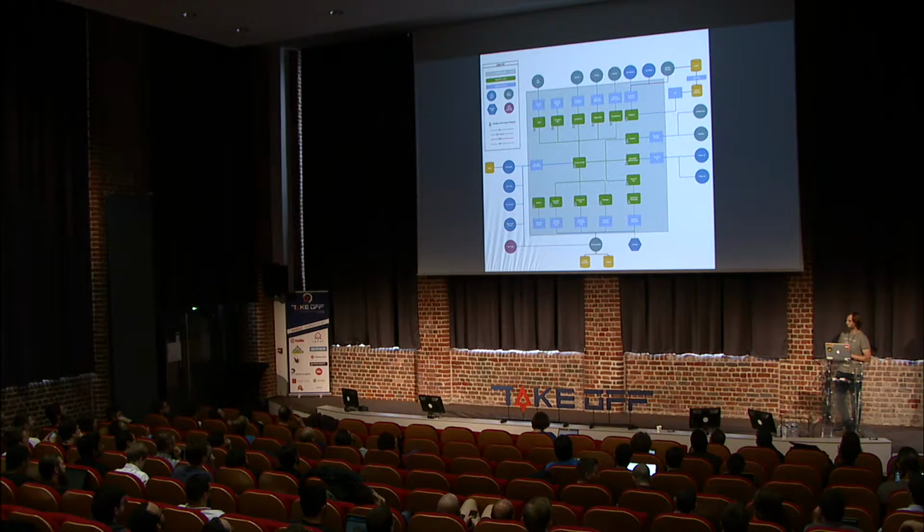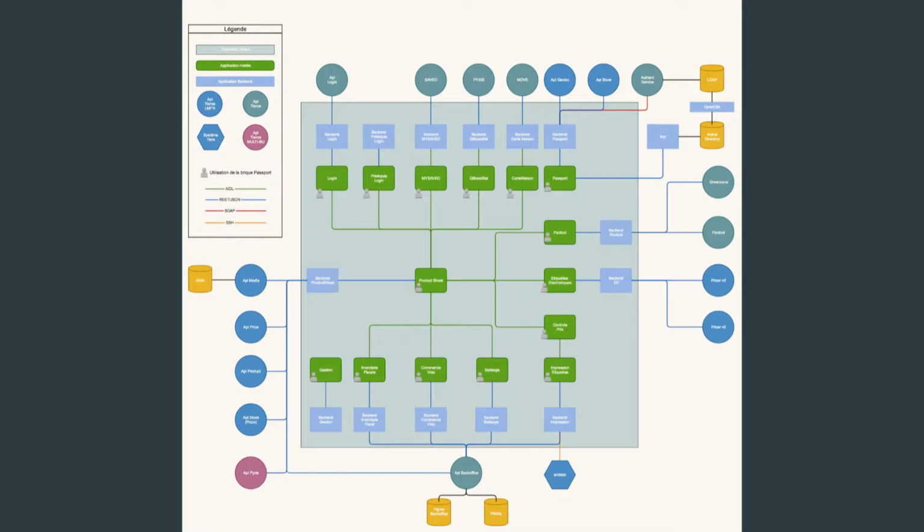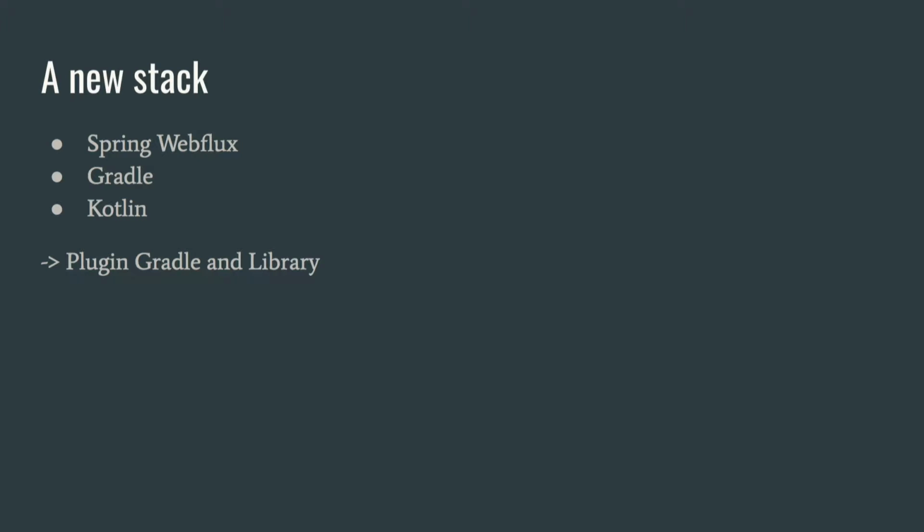Once we had split our backend into little microservices, our architecture looked something like that. It's more complex, but it was easier in the code because each backend was now consuming only one API instead of a lot of APIs.